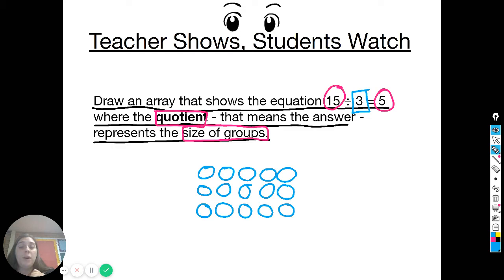I can check my work by counting by 5s. 5, 10, 15. And I do end up with 15. So I have 15 total divided into 3 rows, which equals 5. And 5 is the size of the group, or the number of dots in each row.